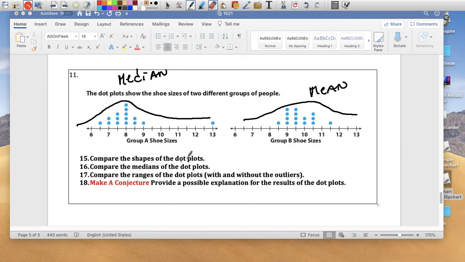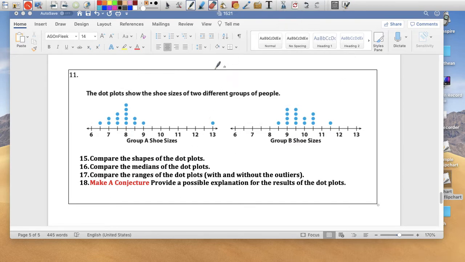Okay. Compare the medians of the dot plots. Okay, so let's do that. So the median: 1, 2, 3, 4, 1, 2, 3, 4. The median here is 8, and I'll write that. Okay, so you can line them up, right? But I just quickly cross out, and I know that the median is going to be 8, and the median here, let's cross 1 from each side and work ourselves towards the middle, and we're going to have 9, so the median here is going to be 9.